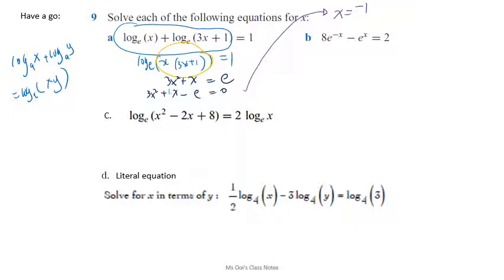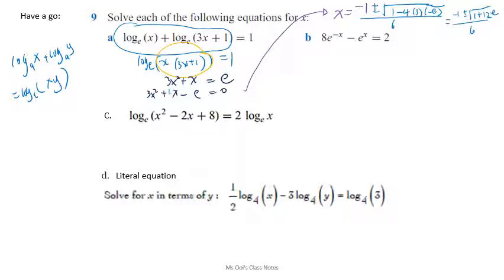So minus b plus minus the square root of b squared, which is 1, minus 4 times a, which is 3, times c, which is negative e, over 2 times a, which is 2 times 3, which is 6. So therefore, we got x equal to negative 1 plus minus the square root of 1 plus 12e. Negative 4 times 3 times minus e is 12e here, divided by 6.